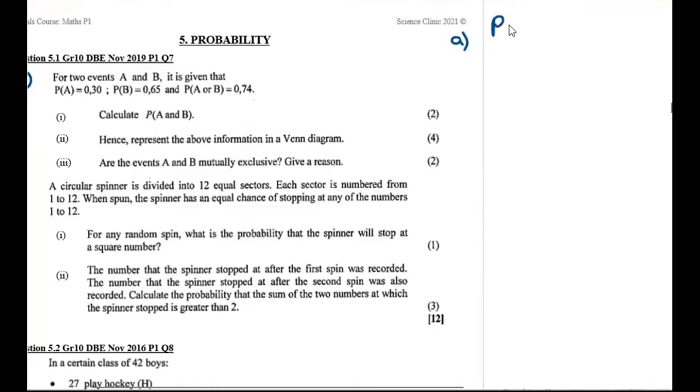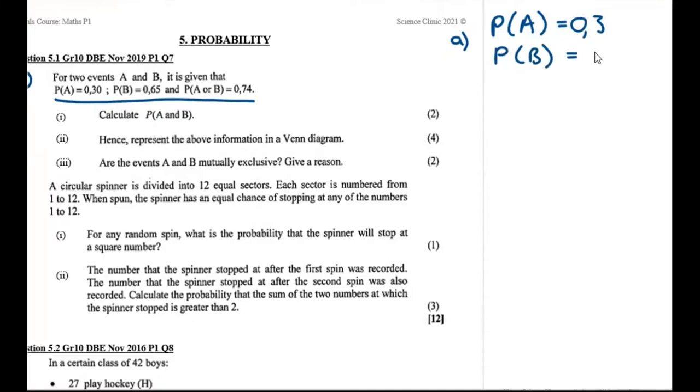Okay, so the probability of A, they said, was equal to 0,3. I'm just writing down the information that they gave us over here. The probability of B is equal to 0,65. And the probability of A or B is equal to 0,74. So they haven't given you a story.